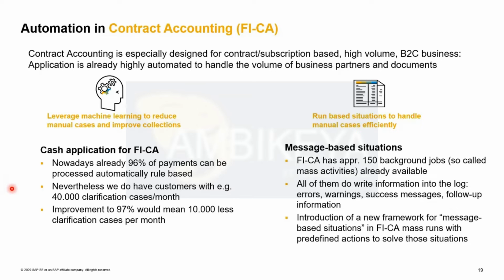Nevertheless, we have customers with a lot of invoices, and they have, for example, 40,000 clarification cases each month, and an improvement to 97% would mean that they have 10,000 clarification cases less each month, which would be a tremendous achievement. And therefore, we have the cash application. I will talk about that topic in more detail later on. So that's one thing, reduction of manual cases.